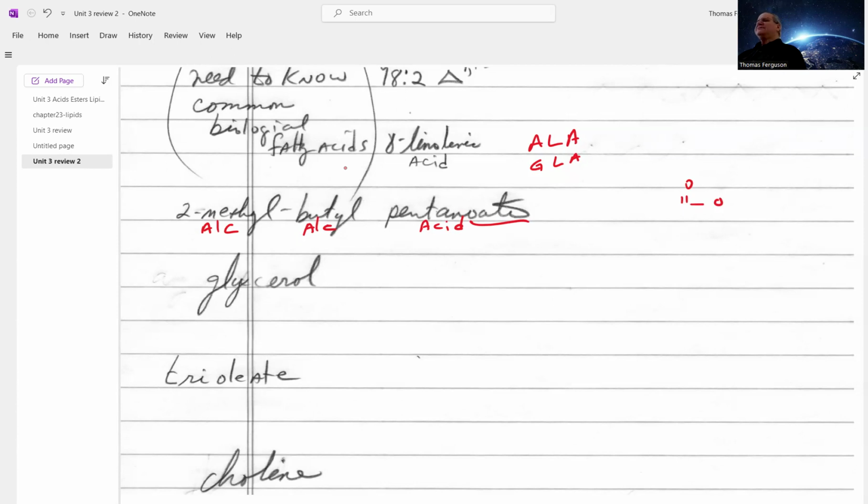Whenever I draw esters, by habit, I always put the alcohol part on the right, but you can just as easily put the alcohol part on the left.